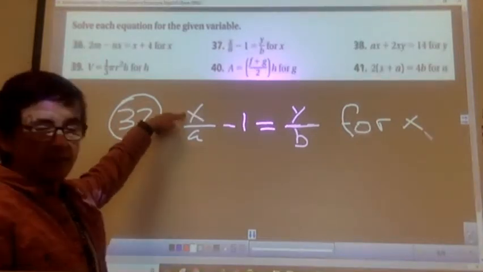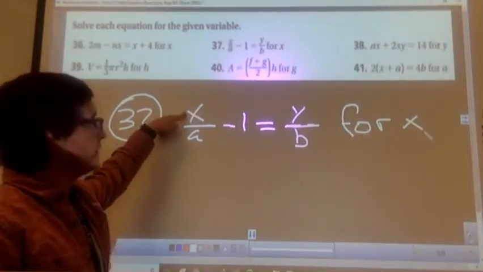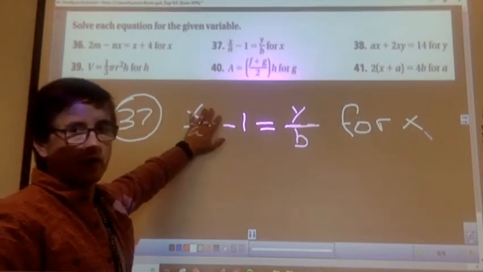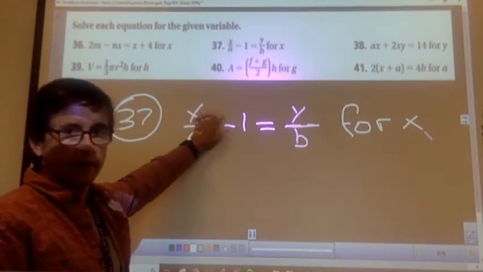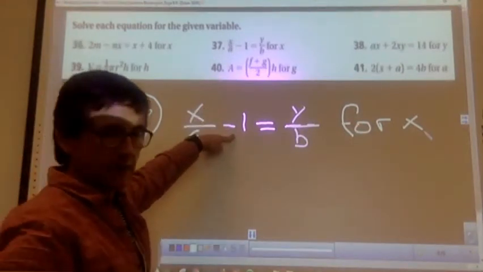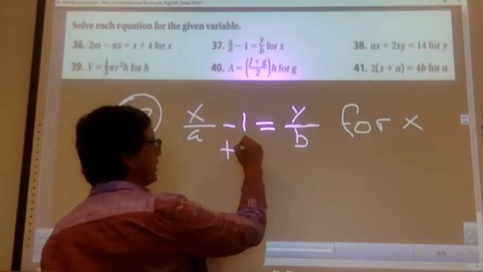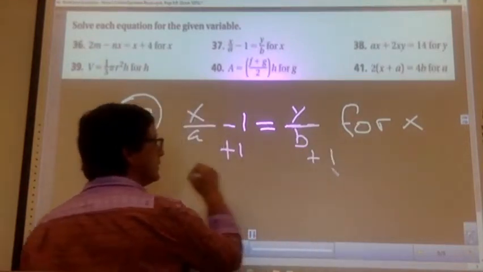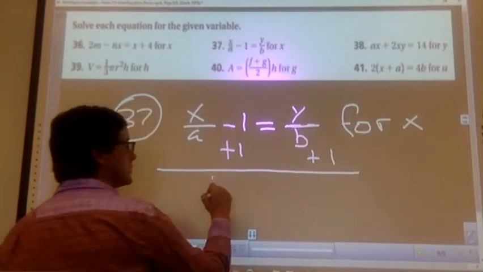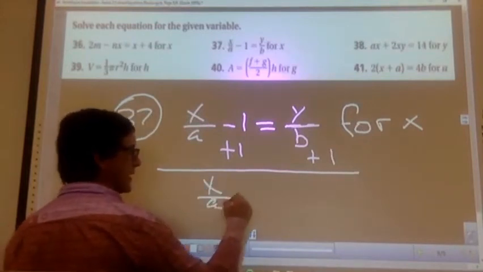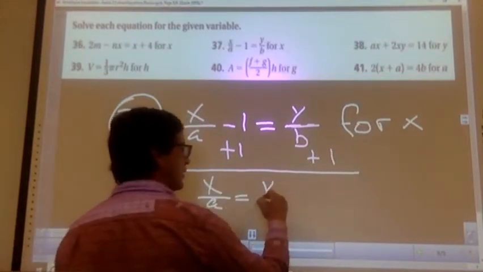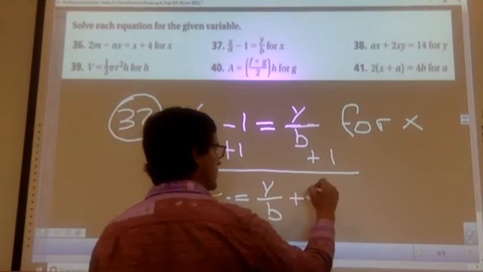So I've got this x in the numerator over here, right? So always cover up the whole variable thing, and I want to get rid of this -1 right next to it. I'm going to add 1 to do that. So I have x over a equals y over b plus 1.